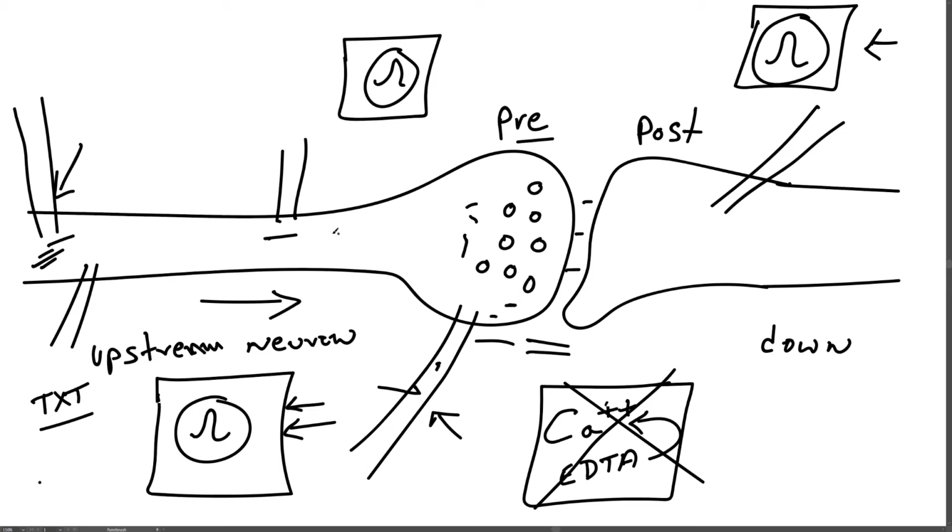So now, if you have the toxin in this cell and you stimulate with this electrode, you don't see a signal with this electrode, and you don't see a signal from this electrode. And, of course, you don't see a signal from this electrode, because there's no action potential produced by this stimulation because of the poisoning of the sodium channels.